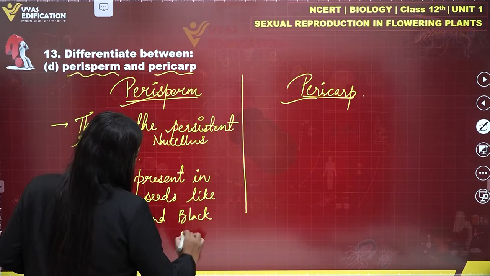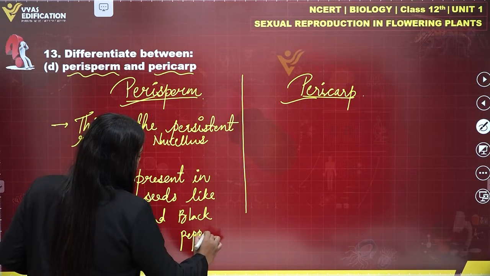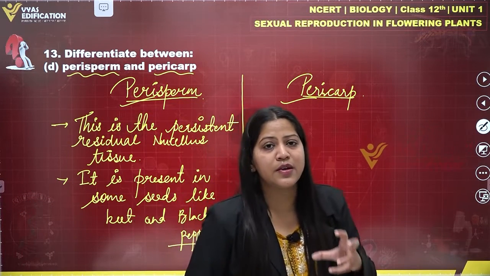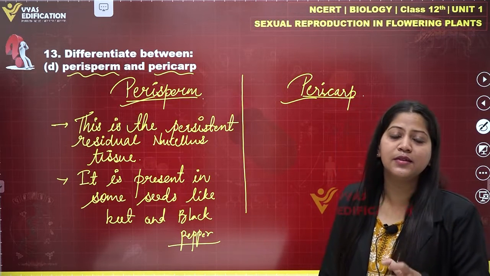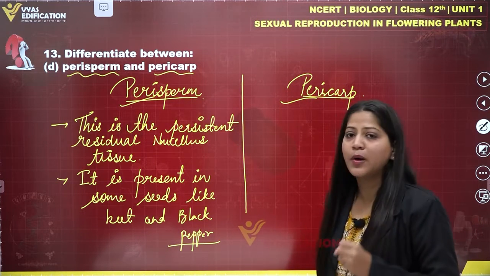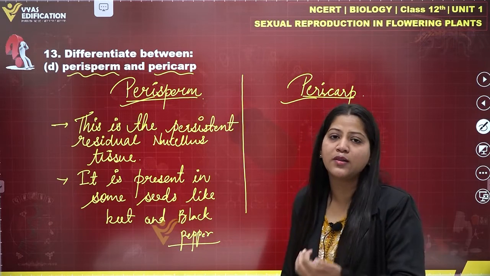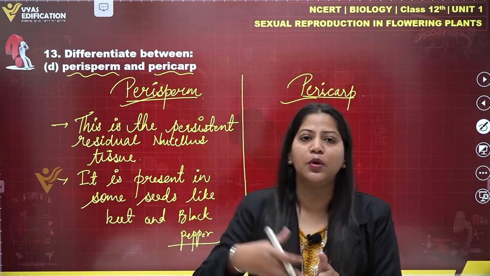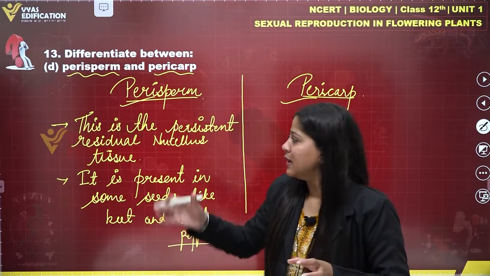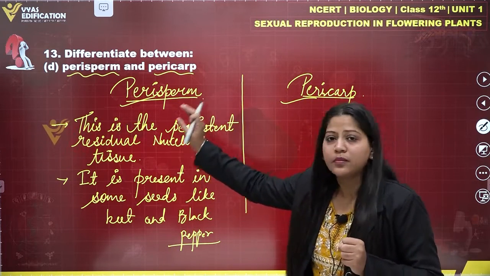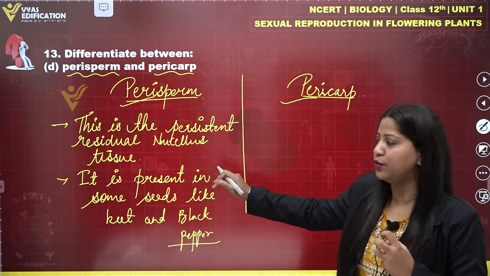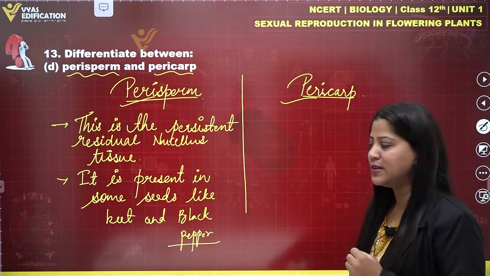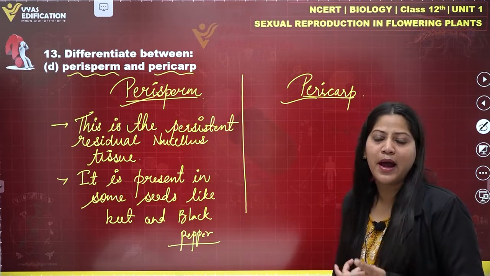These are the examples where the seeds of black pepper and beet have residual, persistent nucellus in them. That is why we call it perisperm, because after fertilization all things get converted into something. Similarly here, the nucellus tissue of an ovule is converting into perisperm, which is present in some seeds such as black pepper and beet.